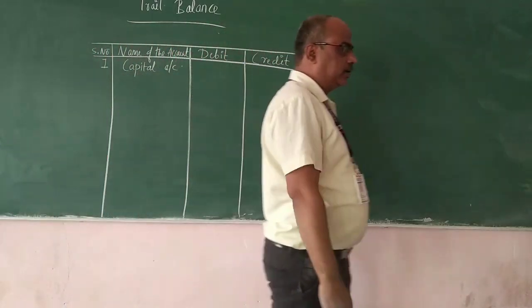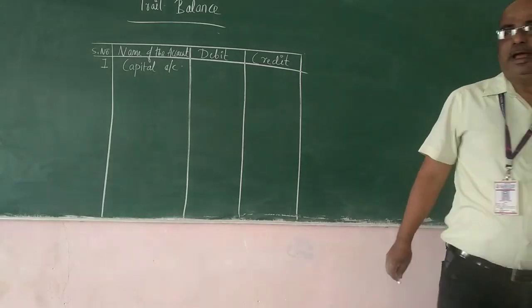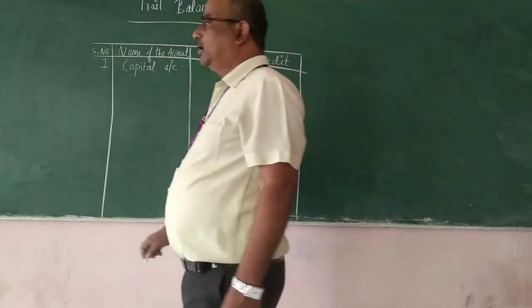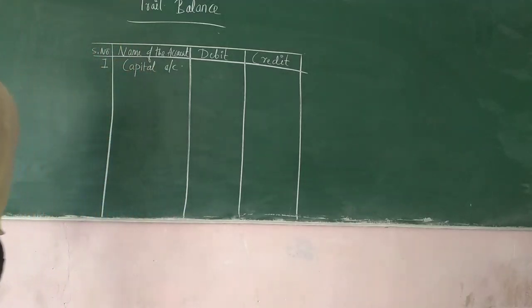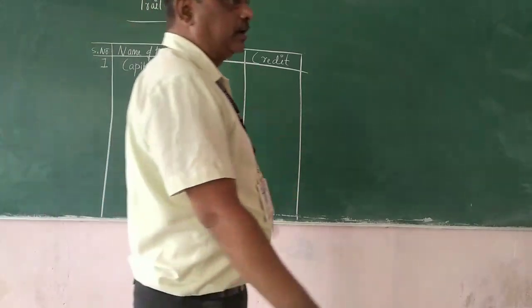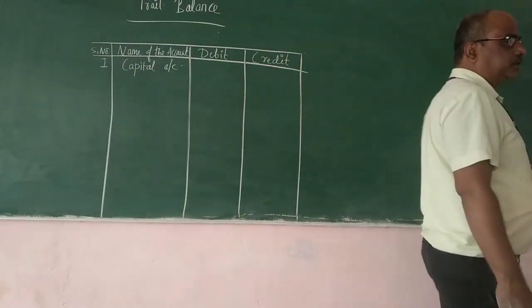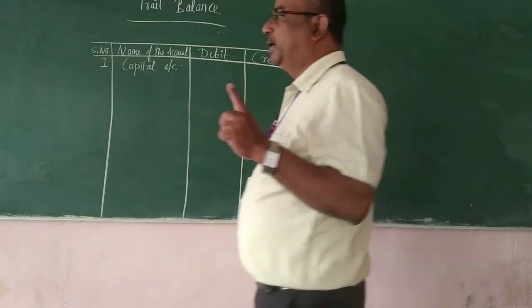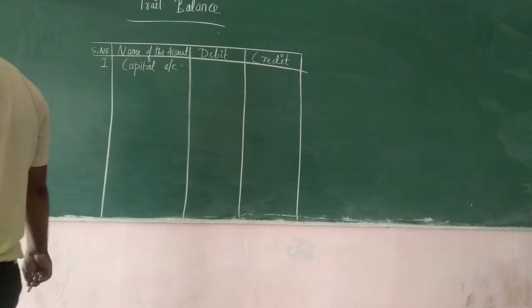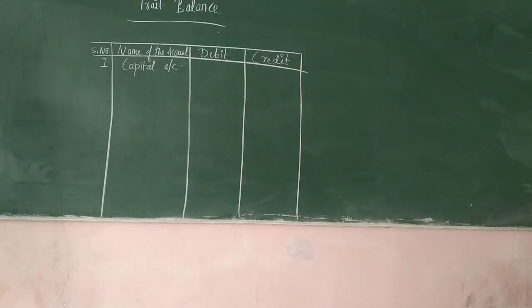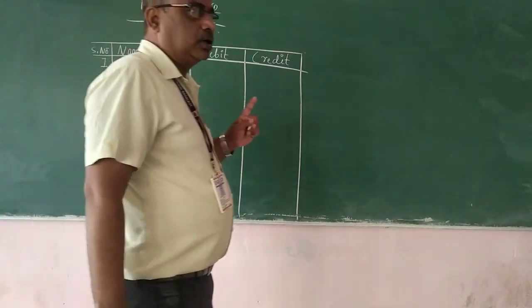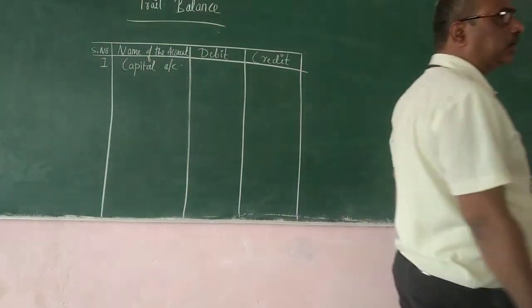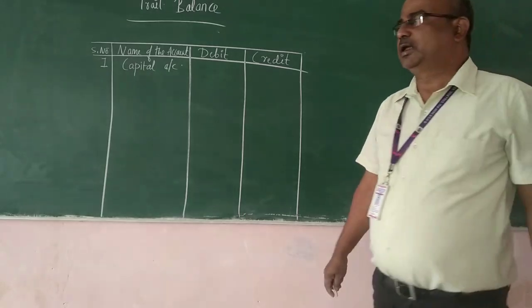Remember, in the trial balance, liabilities, capital and incomes will always be credited, and assets, expenses and losses will always be debited. So this is the rule for the preparation of the trial balance.